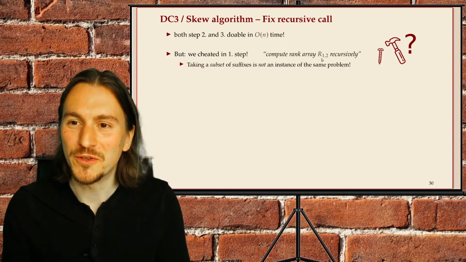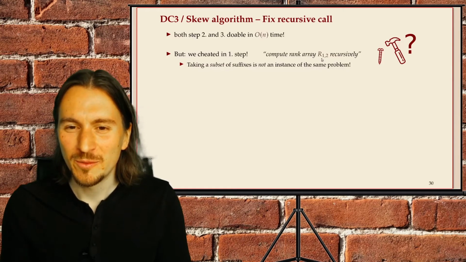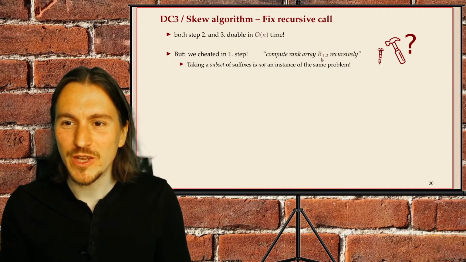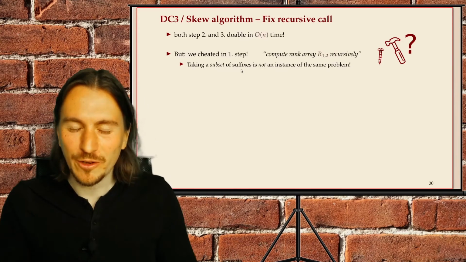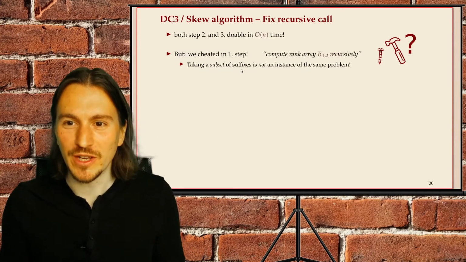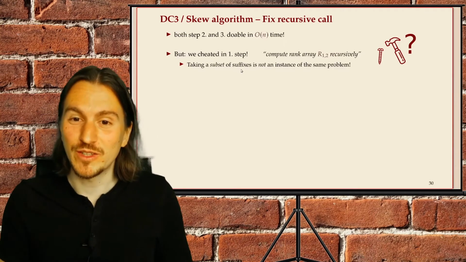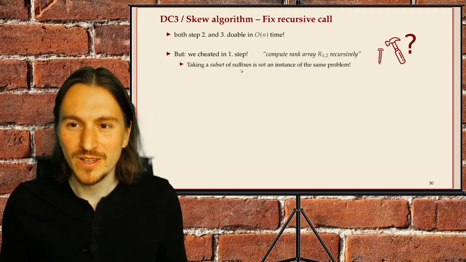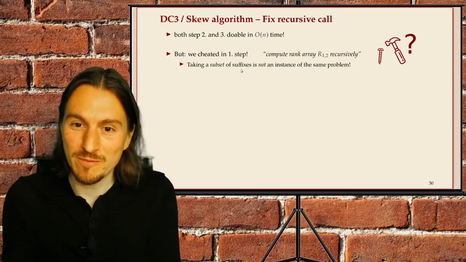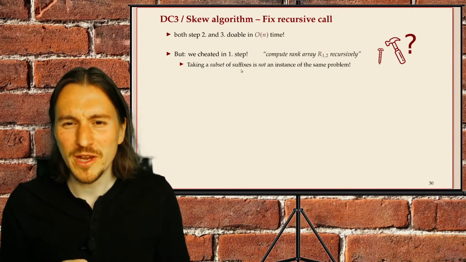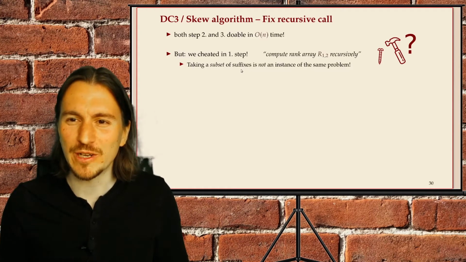Compute this R12 recursively. But it's not really an instance of the same problem, because to call this recursively, we would need a single string so that these are the suffixes of this string. That's the problem that we're solving with the main algorithm. That's the problem that we can recurse on. But what we now have is a weird set of strings.